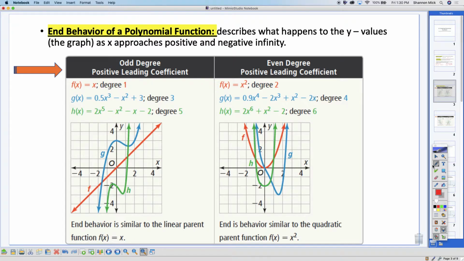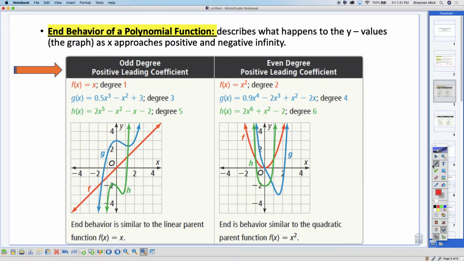So it's telling you what's happening at the positive end, and then you figure out the negative end. When we have an odd degree, what's an odd number? 1, 3, 5, 7.